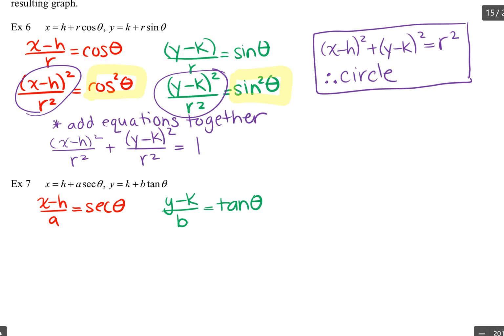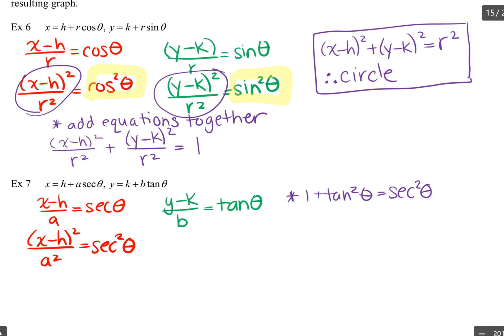So now I want to think of a trig identity that involves secant and tangents. And if you're thinking about your Pythagorean identities, we're going to use tangent squared plus 1 equals secant squared. Perfect. Now, the left equation is equal to secant, so if I square that left equation, what I have is the quantity of x minus h squared over a squared equals secant squared of theta.